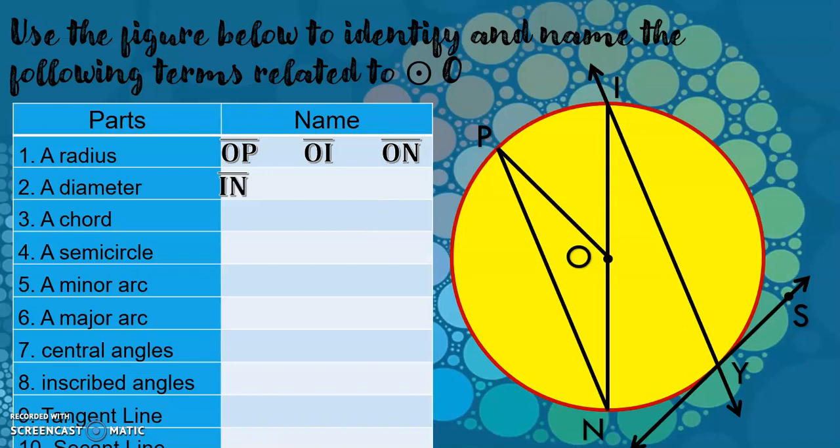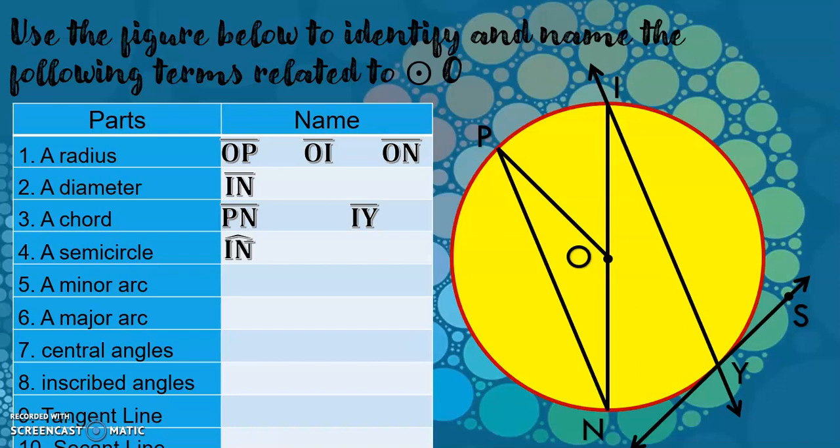What about the chord? So one of the chords is segment PN and segment IY. A semicircle is the arc IN.